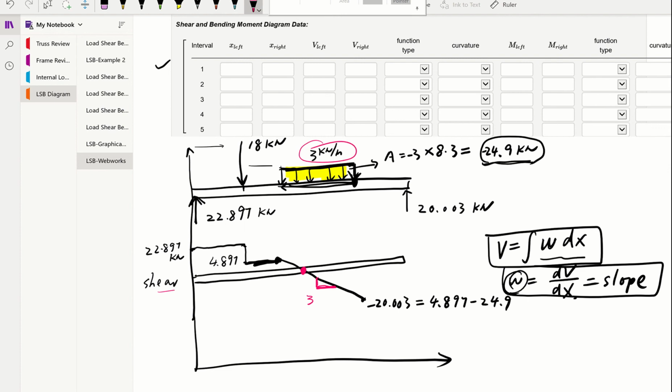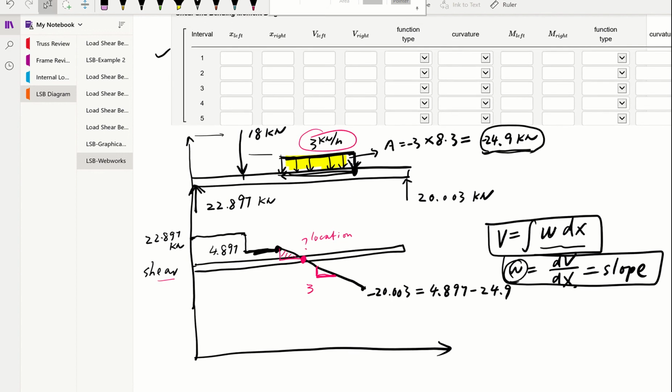Now, knowing that slope will help us find the location of this intercept point. How do we do so? Let's think about it. I'm just going to focus on this triangle here only. So the slope is 3 for that line here.